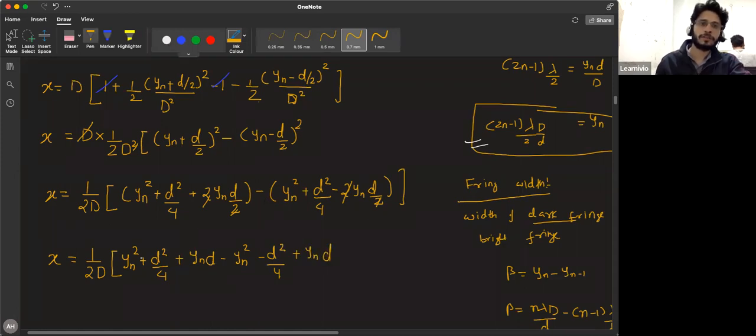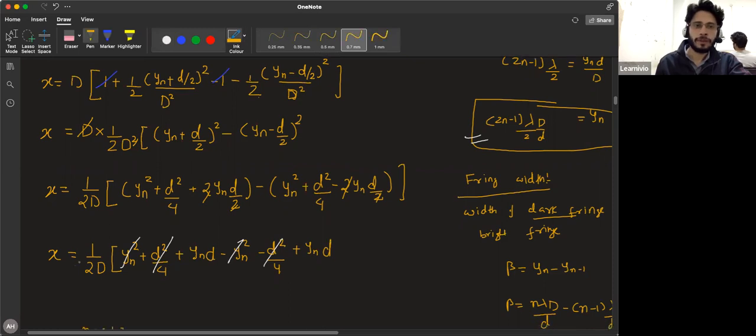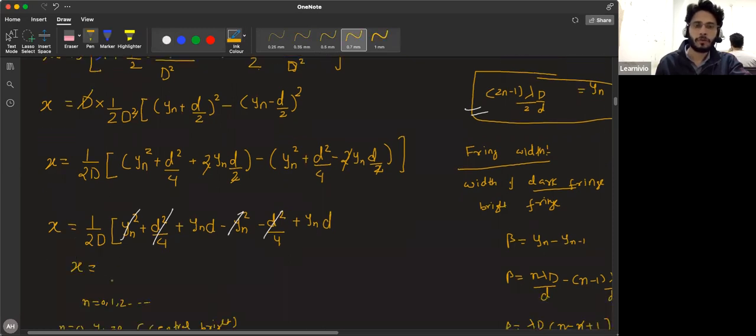Now you can check: this yn square will cancel this yn square, this d square by 4 will cancel this d square by 4, and you are left with only x is 1 over 2d. See, this is yn plus yn is 2yn. Again, this 2 will cancel out each other.